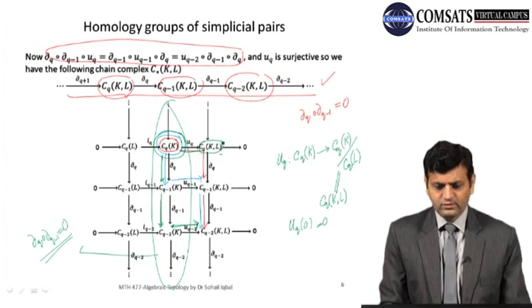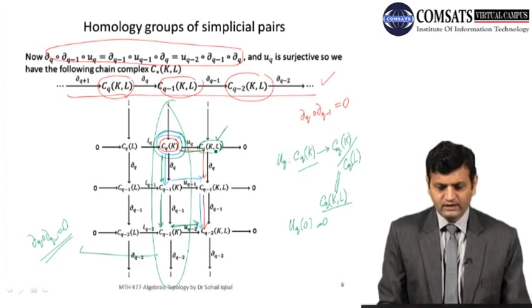So basically we are talking about each and every element. C_q^K to C_q^{K,L} is a surjective map. In other words, take any element x; there will exist an element y in C_q^K such that x is the image of y. So x is equal to U_q of y.